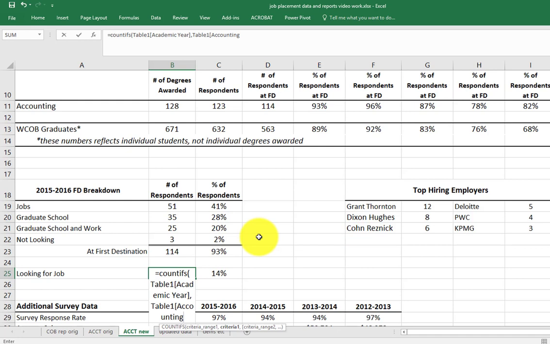Or see a mistake I've made getting into a bit too much of a hurry. So let's go back up here and edit. So table, I didn't put a criteria there for the academic year, and that's B3. Okay, so now I've got the accounting.